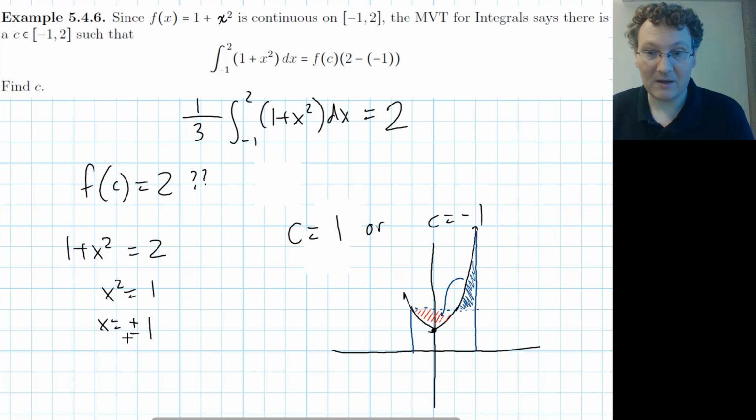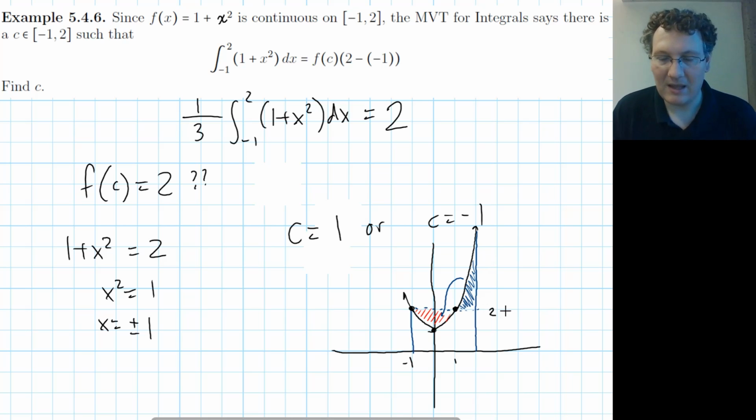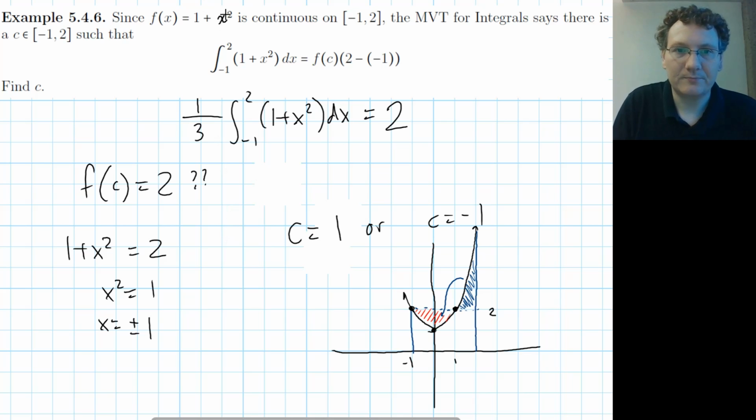So it turns out that at either -1 or 1, the function value is equal to 2, and that's the same as the average value, because the total area under the curve is 6, over an interval of length 3. The average value is 2.